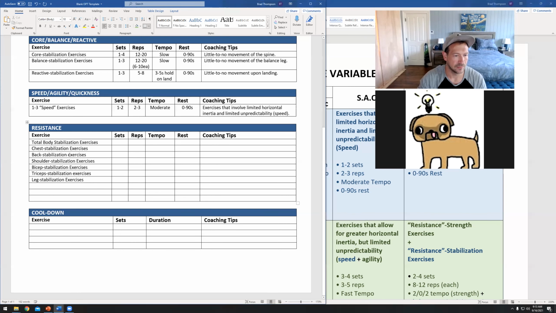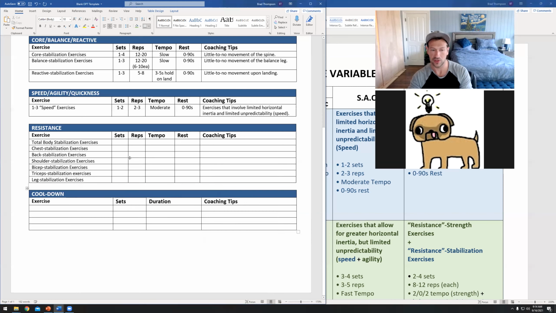All right, and for all of these, any of those are appropriate. All of those are appropriate, right? So we are going to do somewhere between 1 and 3 sets, and we're going to do 12 to 20 reps for everything.